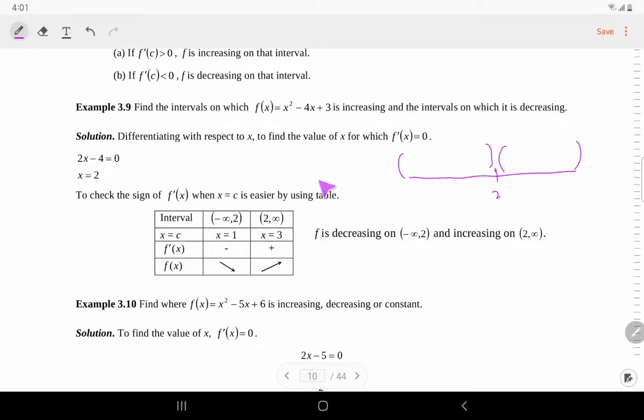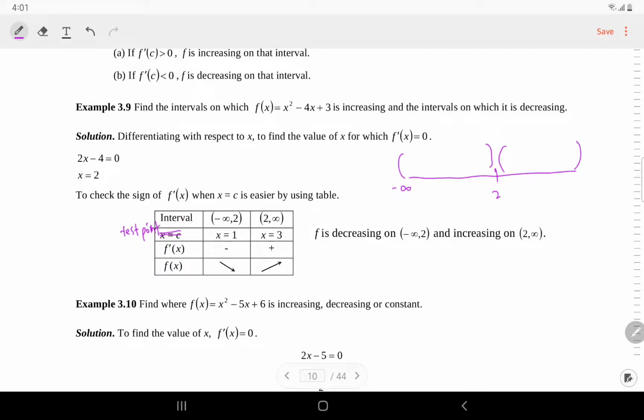The first interval is negative infinity to 2, and the second interval is 2 to infinity. So based on this value of x, we get 2 intervals. And then pick our c. c is the test point, or we can write here test point.